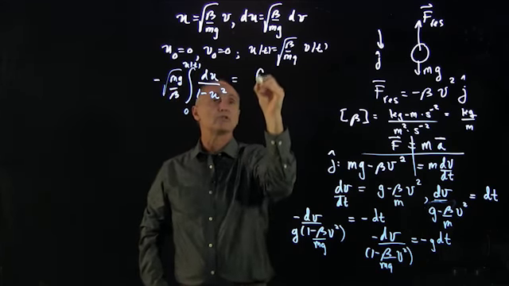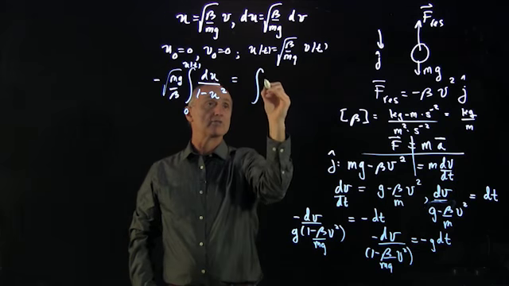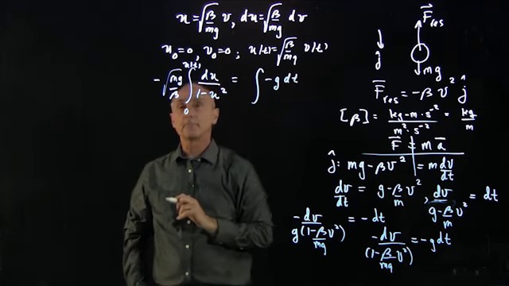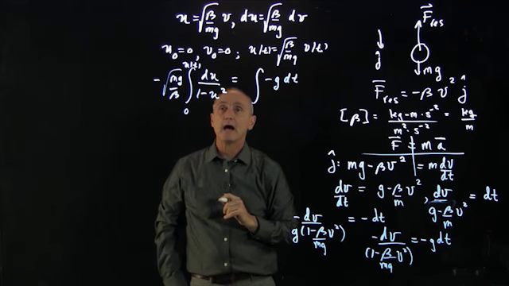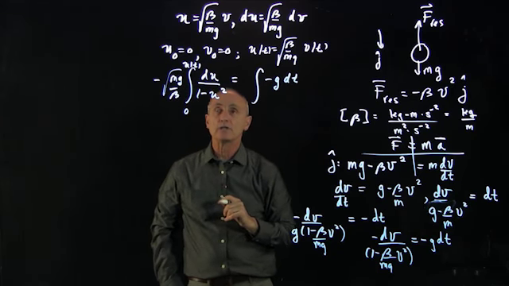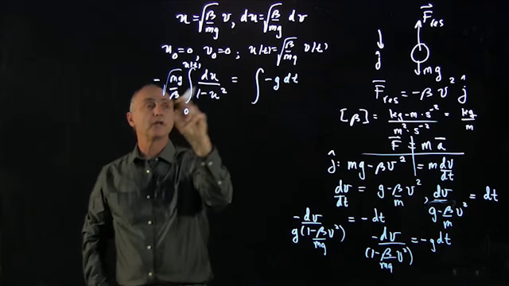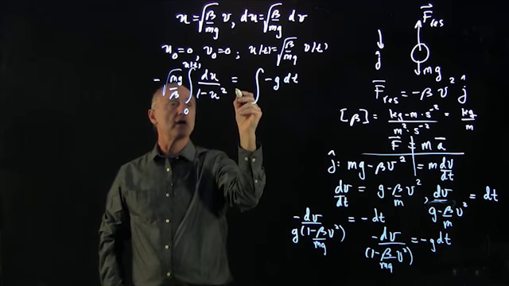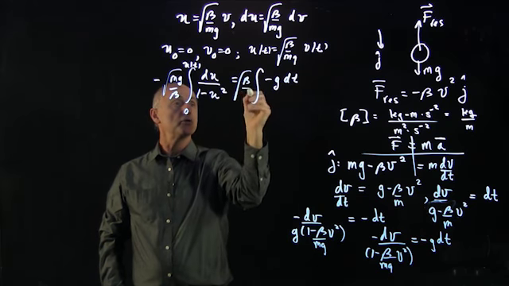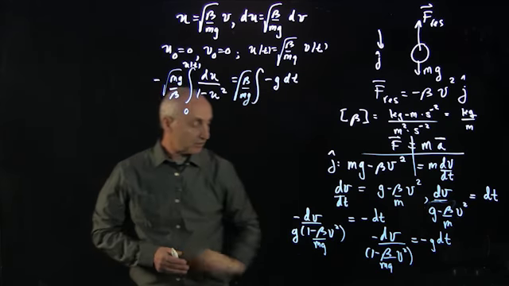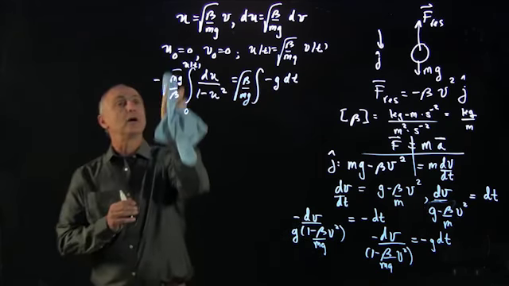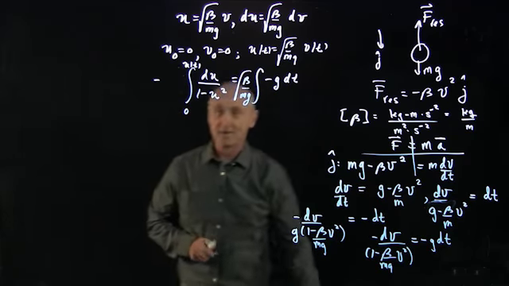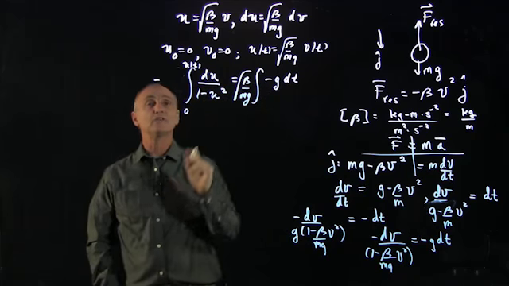And over here, I'm just integrating minus g dt. Now, again, for simplicity, I'm going to bring the beta over mg term over to the other side. So I'll use the magic of our lightboard by just erasing that and bringing it to the other side, which makes my life a little easier.